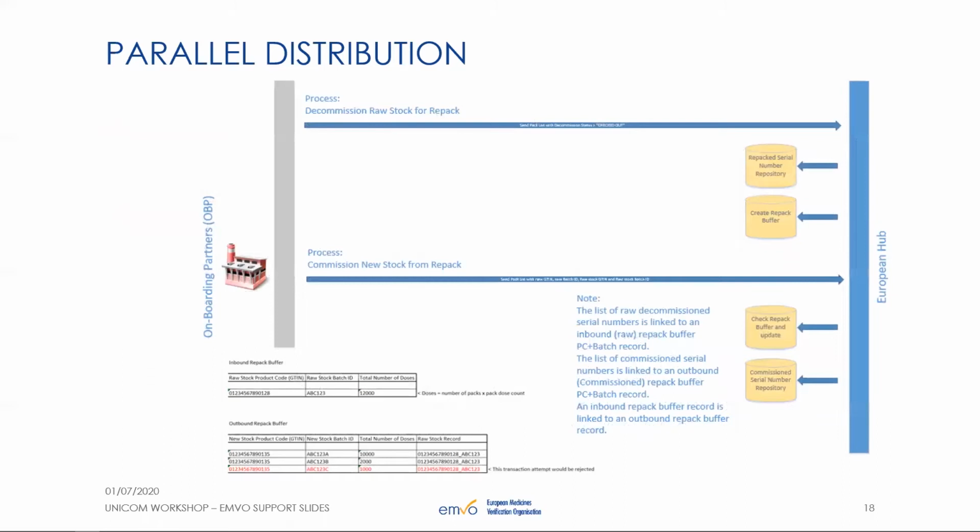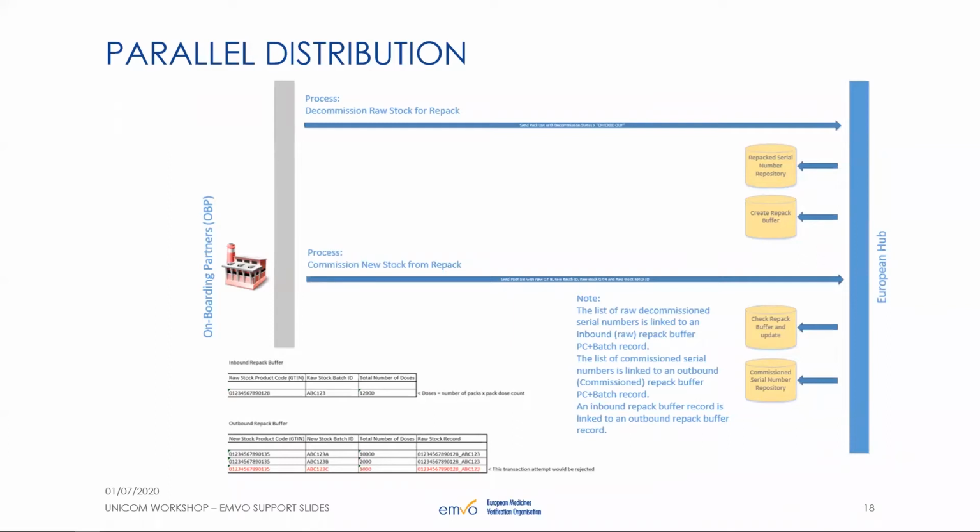This is a small diagram, a small example of how it works. First is the decommissioning. Then the buffer is created with all the information. The former serial numbers are retained, so they are kept in the system for traceability.